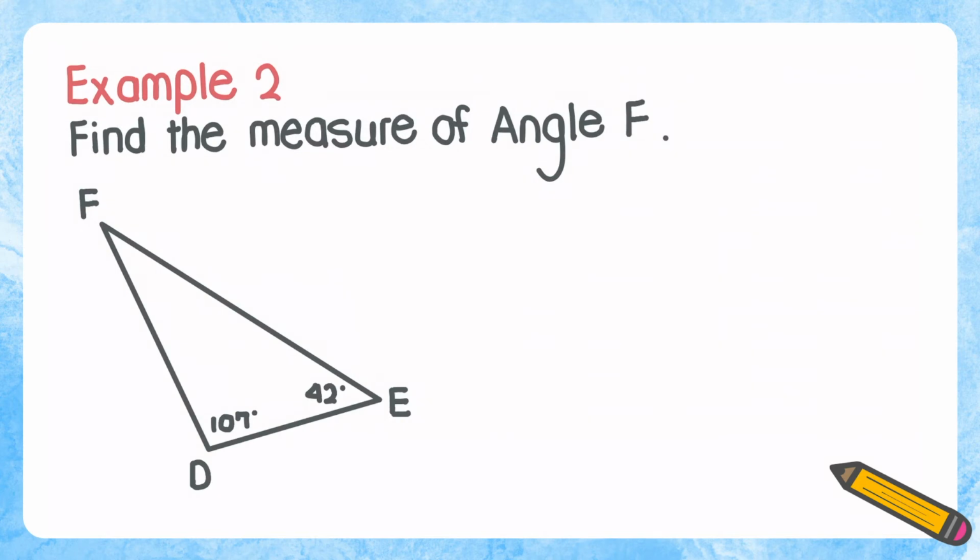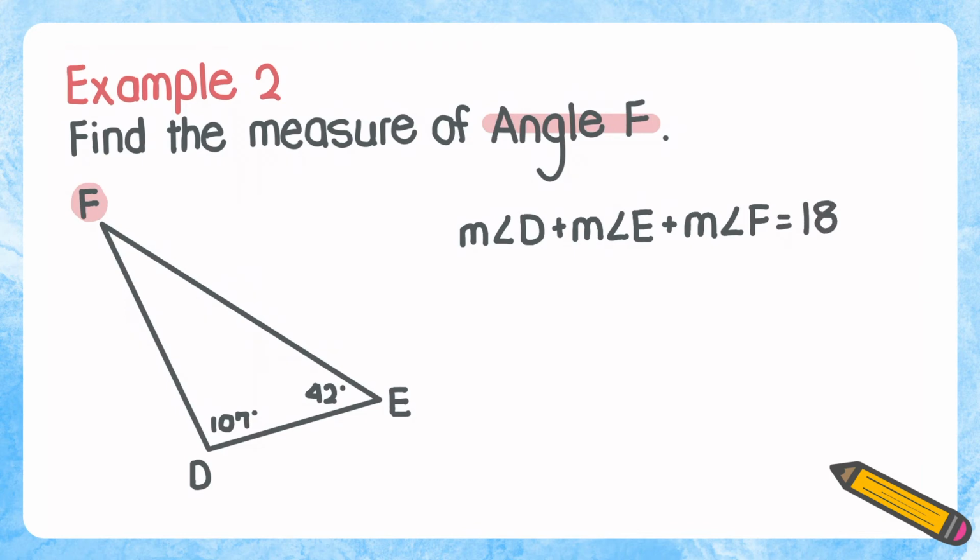Let's look at our next example. Here, I have triangle DEF, and we are going to find the measure of angle F. I know that the 3 interior angles of a triangle will sum to 180 degrees. So the measure of angle D plus the measure of angle E plus the measure of angle F equals 180 degrees.